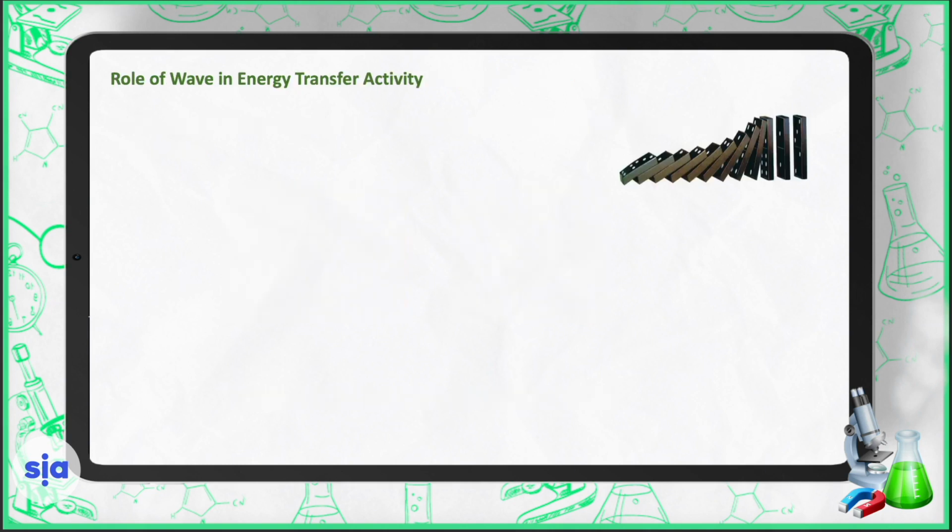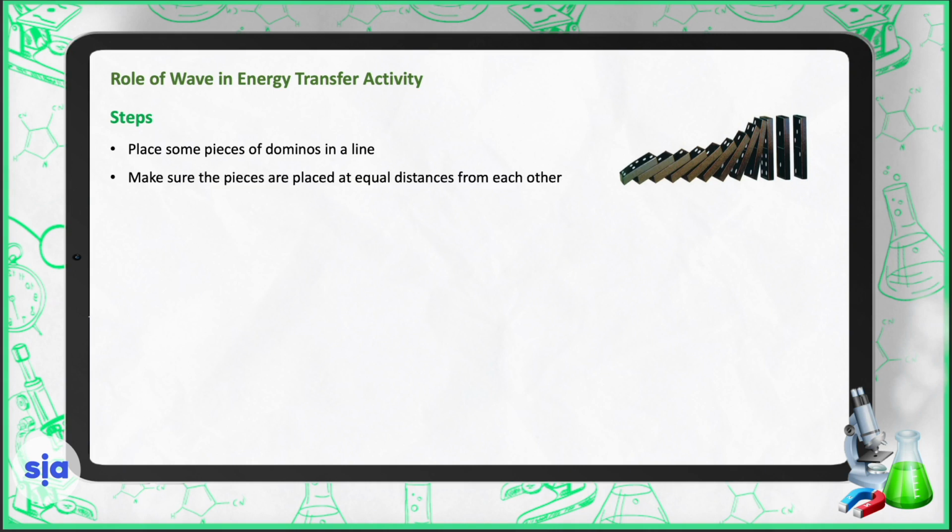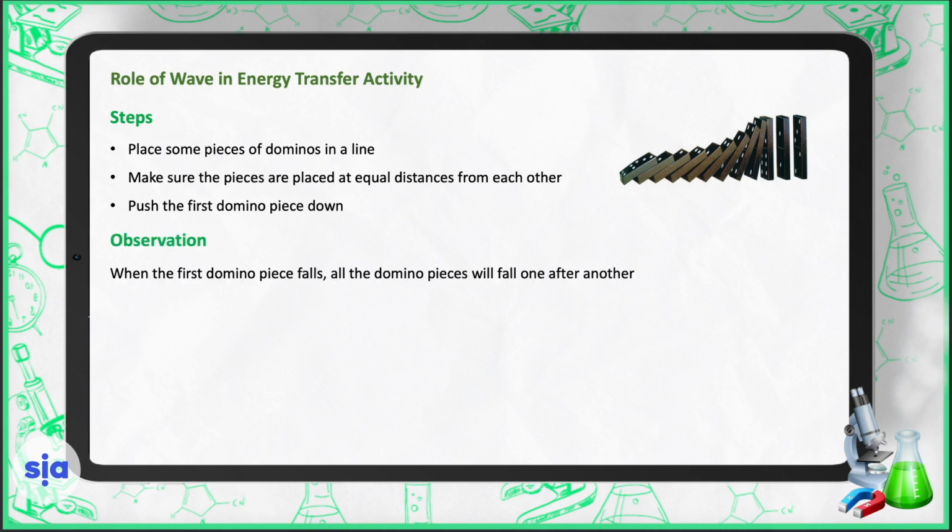Here is an activity to represent the role of wave in energy transfer. We will place some pieces of dominoes in a line and make sure the pieces are placed at equal distances from each other. Push the first domino piece down. You will find that when the first domino piece falls, all the domino pieces will fall one after another.